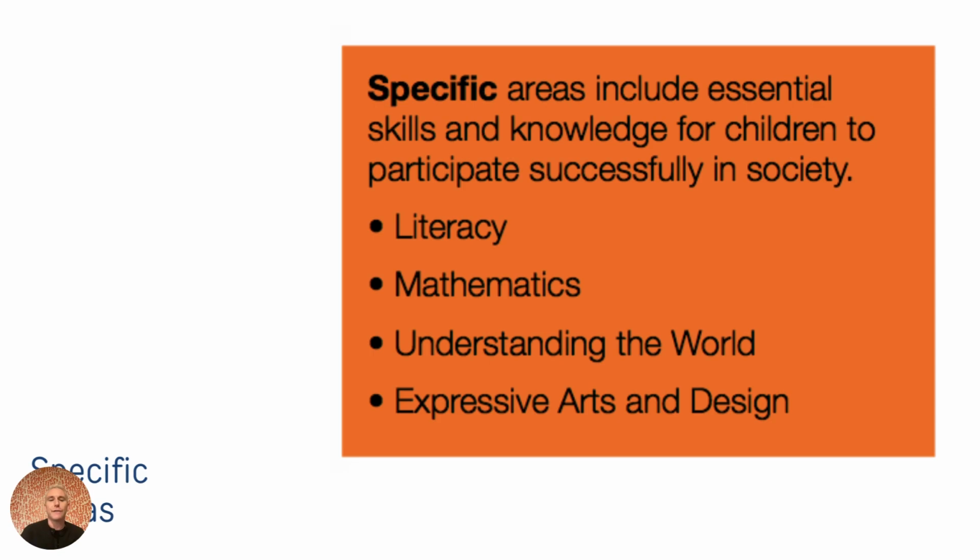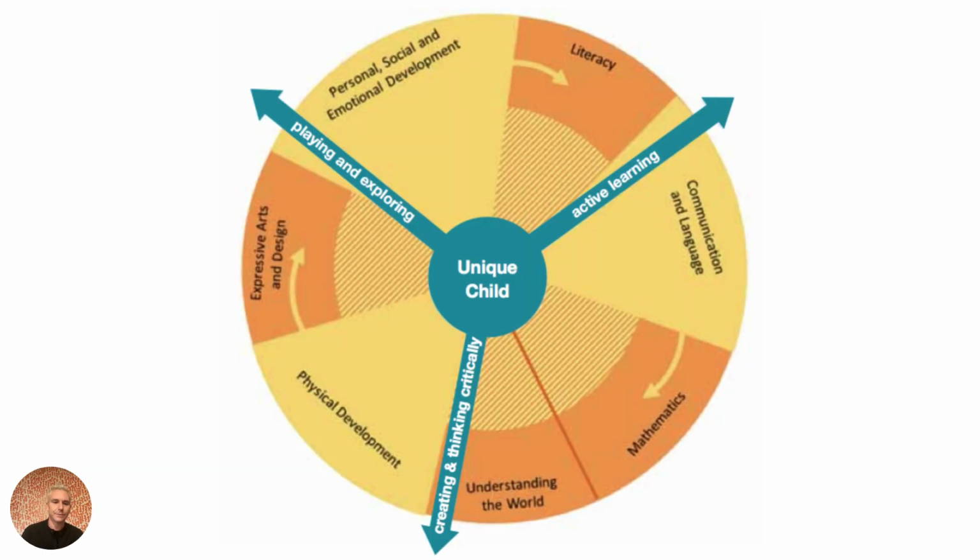And let's take a look at the 4 specific areas that form the rest of the 7 areas of learning. These include essential skills and knowledge for children to participate fully in society. And these 4 specific areas are literacy, mathematics, knowledge and understanding of the world, and expressive arts and design.